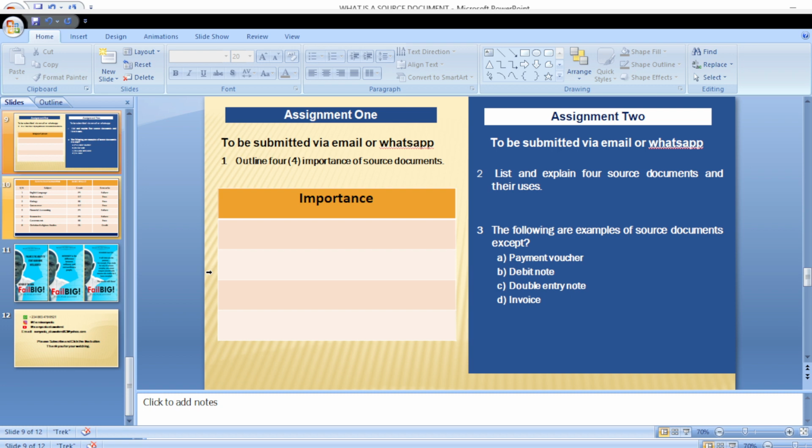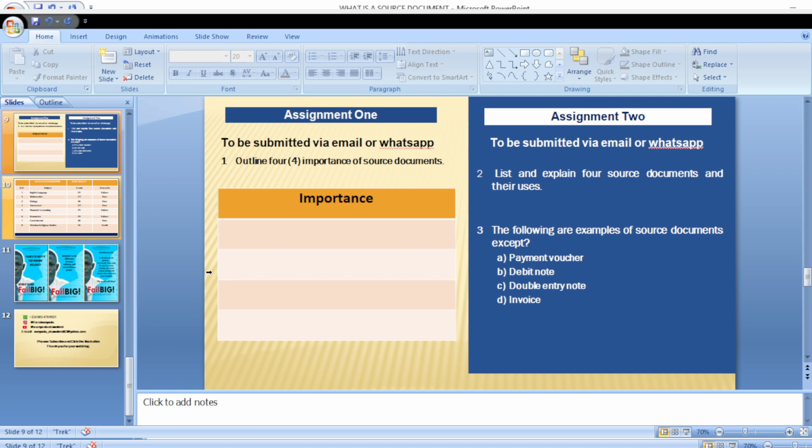The first assignment I have for you to be submitted is you have to outline 4 importance of source documents. The second one is to list and explain 4 source documents and their uses.